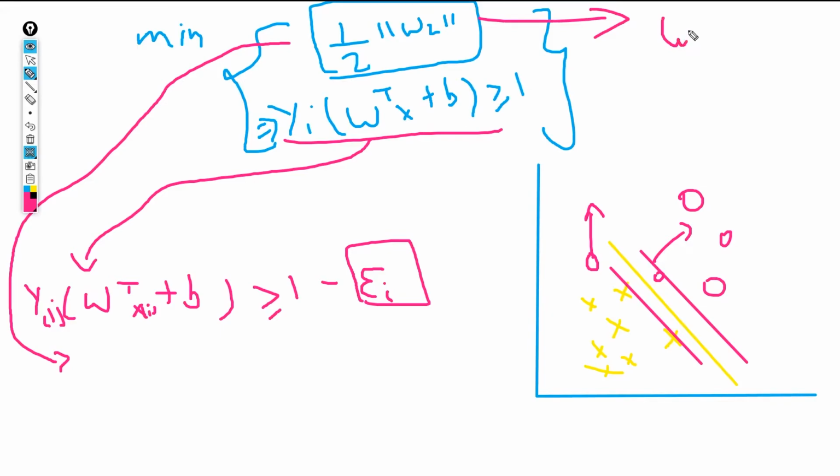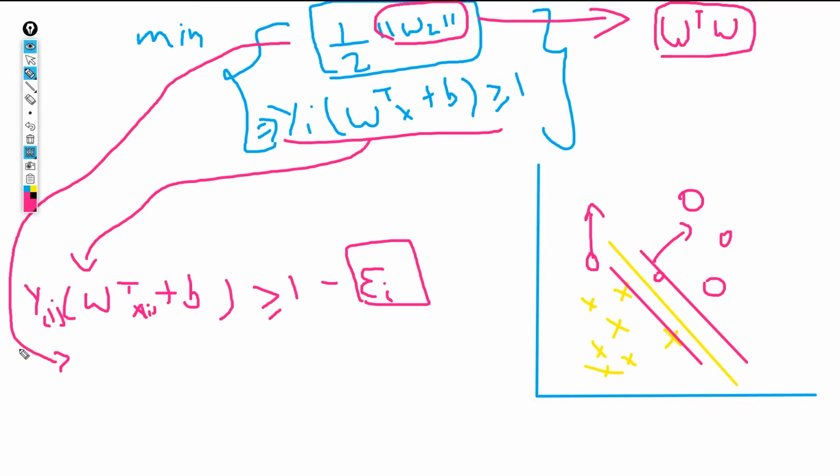That square is going to be w transpose w. When we take the differentiation, it is going to be very easy, but if we had not taken the square, it would have been very difficult. So that's why I'm taking the square. Our output will be w transpose w.